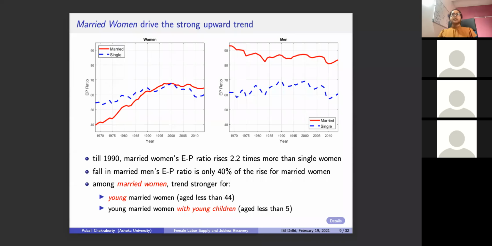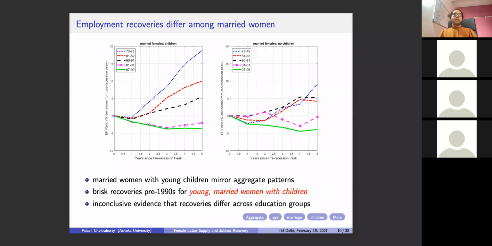I've done a similar analysis in terms of employment recoveries. Here I've again looked at different subgroups. I'm showing you the picture for married women with children and without children. And again, you can see that in terms of the employment to population ratio, the married women with children group is essentially mirroring the picture that we saw for all women.